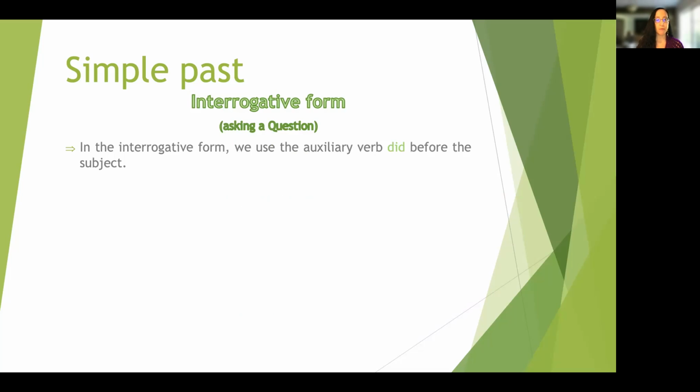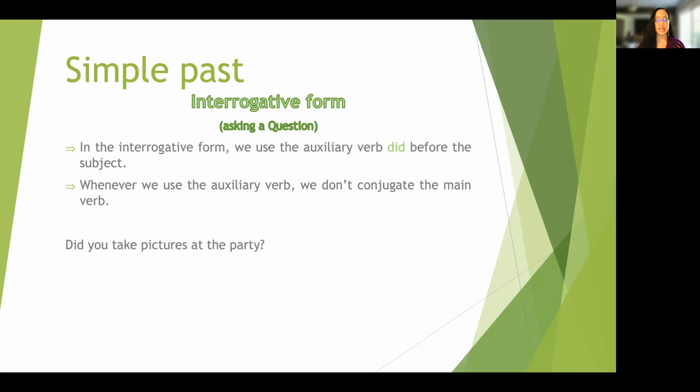In the interrogative form, we use the auxiliary verb did before the subject. Whenever we use the auxiliary verb, we don't conjugate the main verb. Did you take pictures at the party?